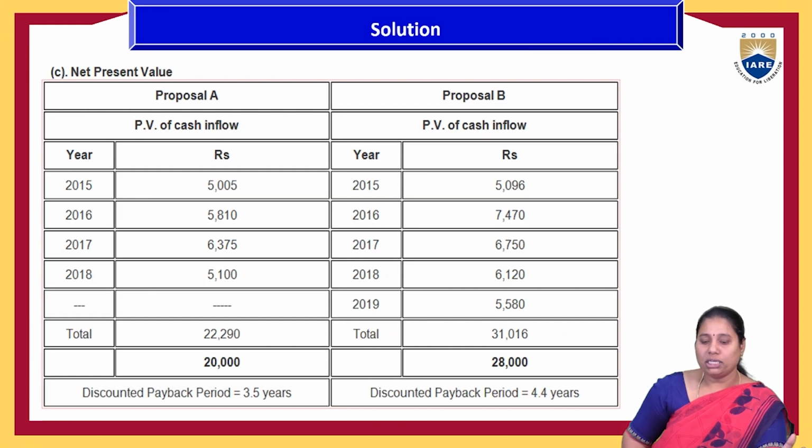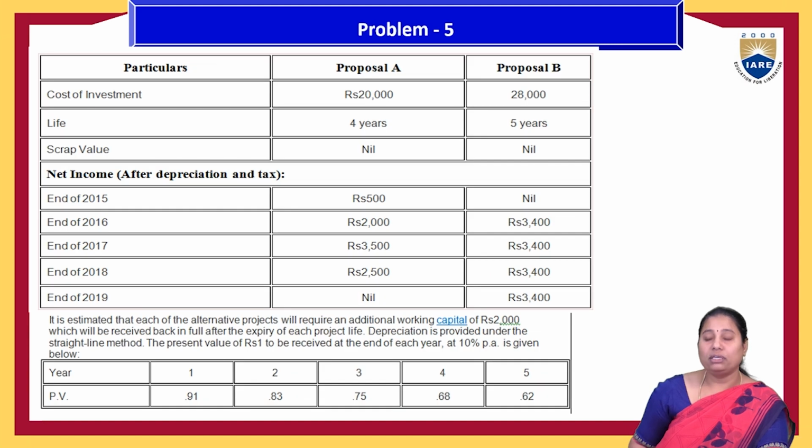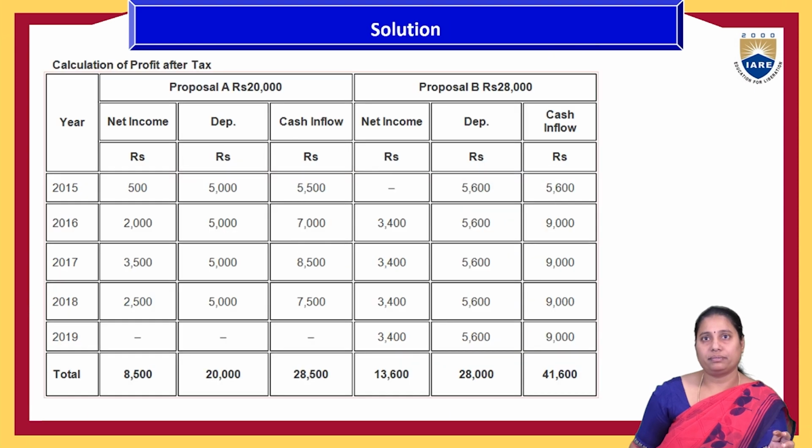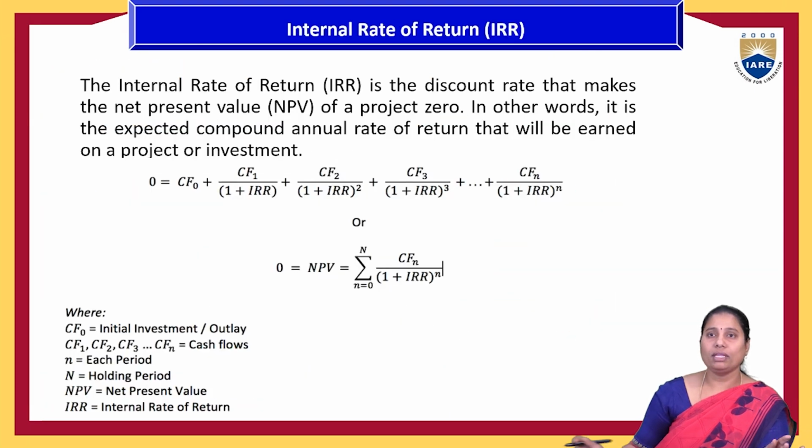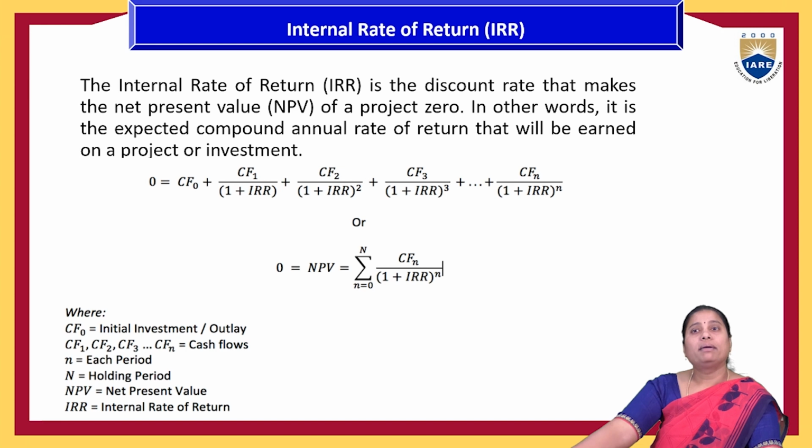So that is about the calculation of every project based on the NPV as well as the profitability index, ARR and payback period. The next important thing is calculating IRR for any project.